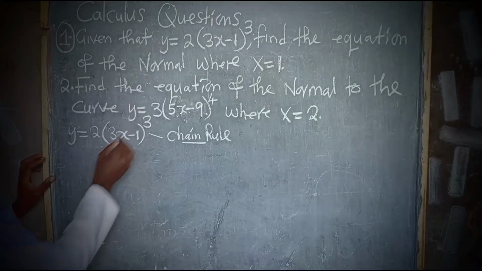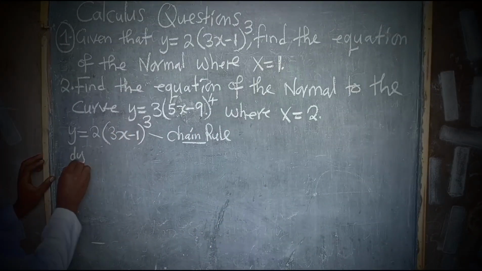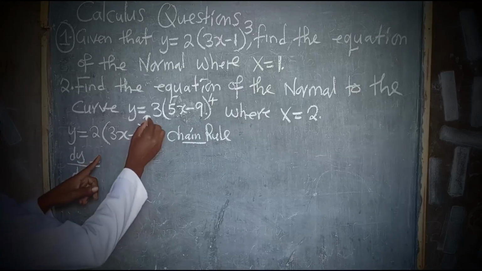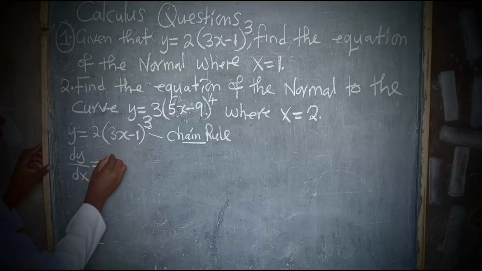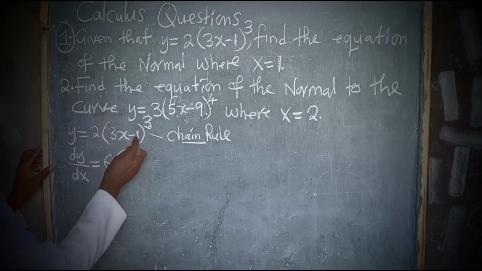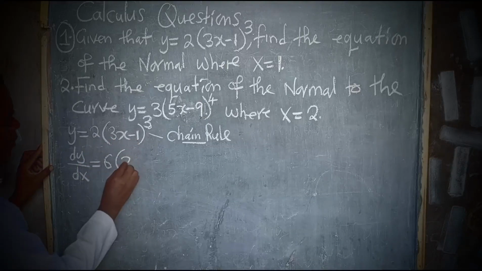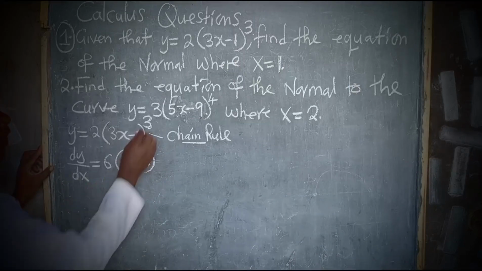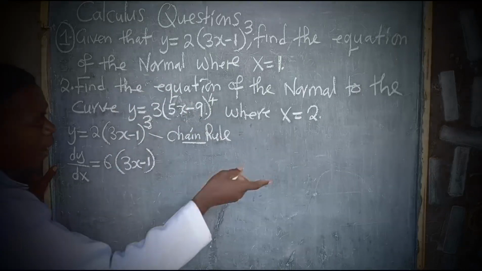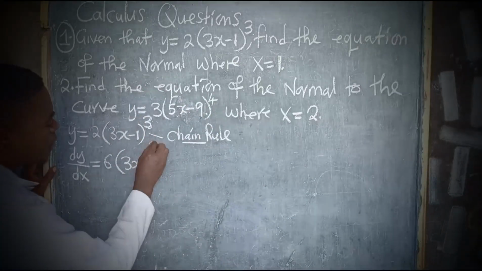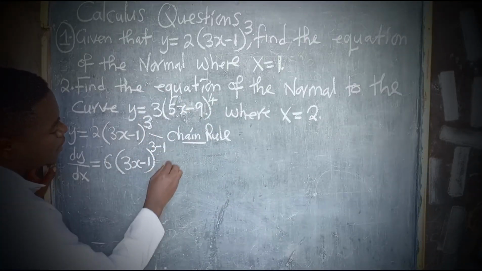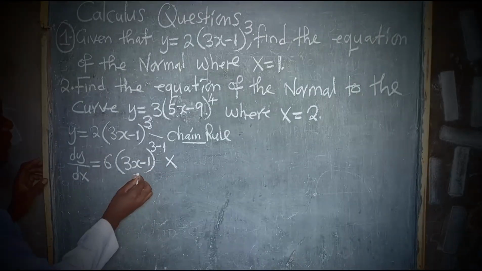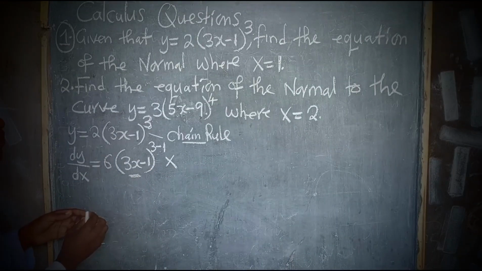This is what you need to do. You say dy/dx is equal to, you multiply 3 times 2, that is 6, open bracket, you repeat this, 3x minus 1, the 3, remove 1, just say 3 minus 1, to the power 2, times the derivative of the bracket. If we differentiate this, what are we going to get?